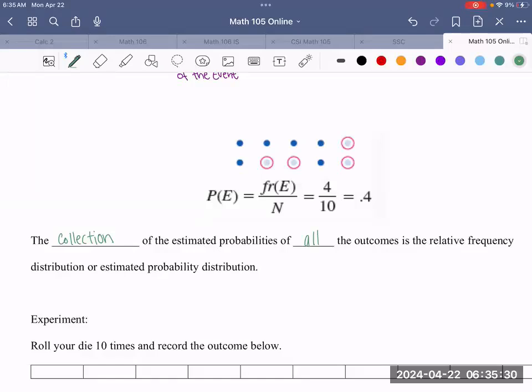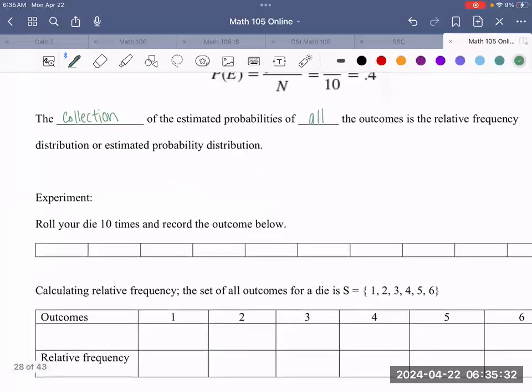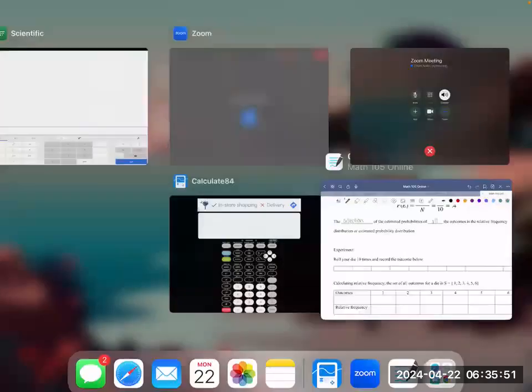In our experiment now, if you have a dice, please pause the video and go get it. If you are taking it in person, don't worry about it, I have all of those dice. Otherwise, we're going to be using that simulator. It says, roll your dice 10 times and record the outcome below.